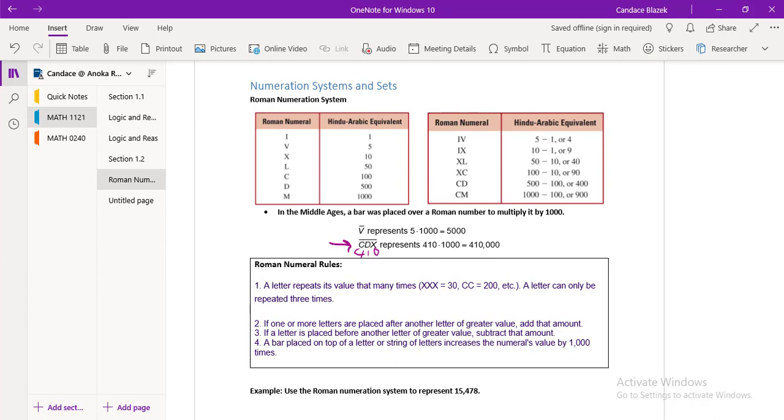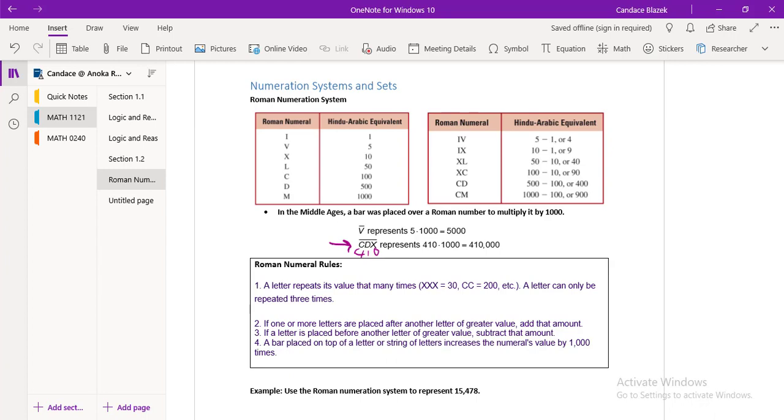So with the Roman numeral rules, number 1, a letter repeats its value that many times. So XXX is 10 plus 10 plus 10, which is 30. CC is 200. They will always be listed from biggest to smallest unless you're supposed to subtract from left to right. So a letter can only be repeated 3 times, and then we have to go back to the notation and subtract something smaller.